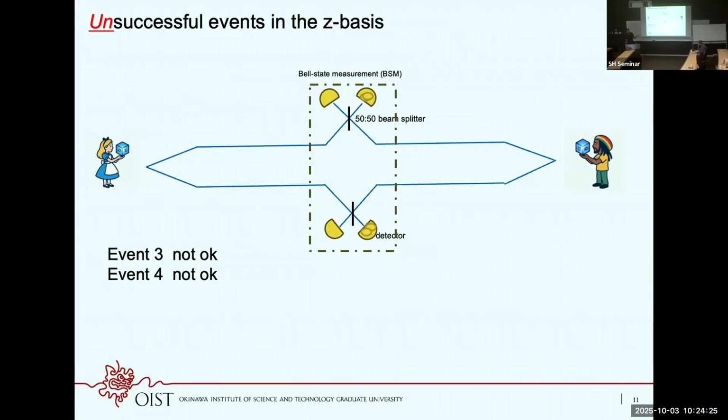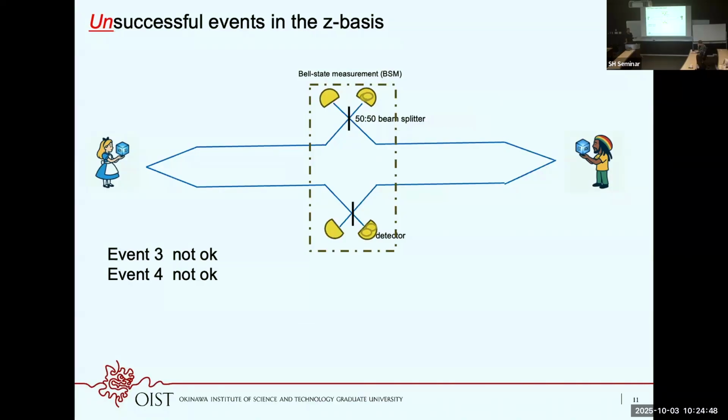So when they basically send the same state in the Z basis, you have these unsuccessful click events, and these are discarded. So basically, Charlie will say, for this event number 3, I only get a click here.